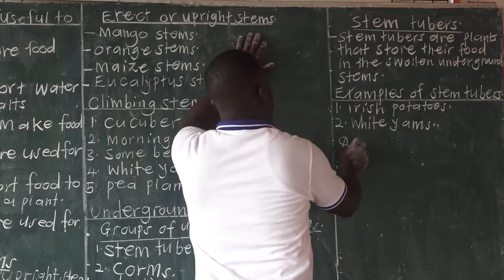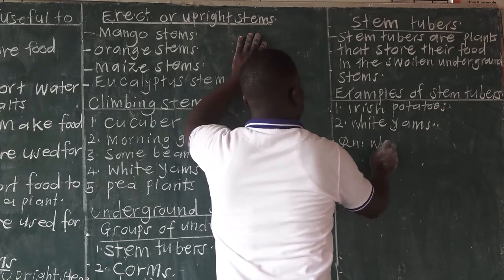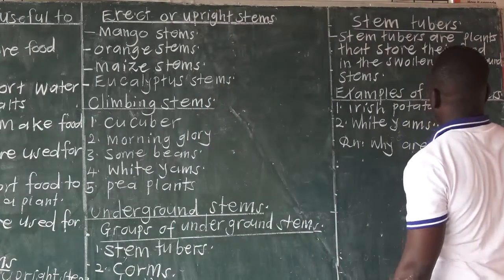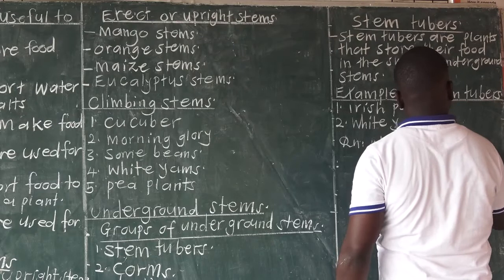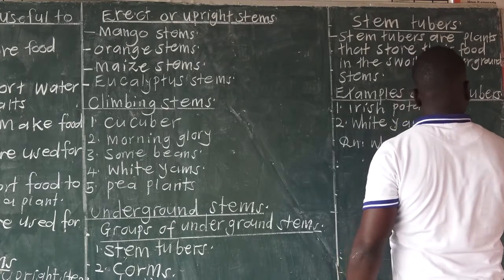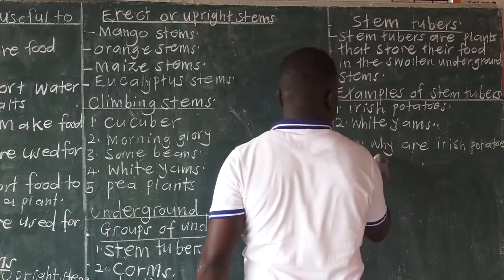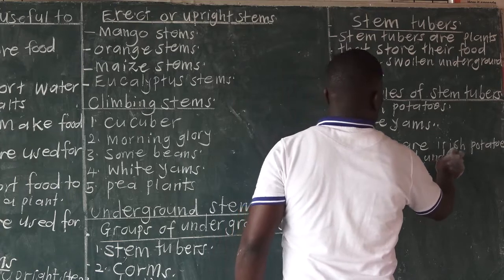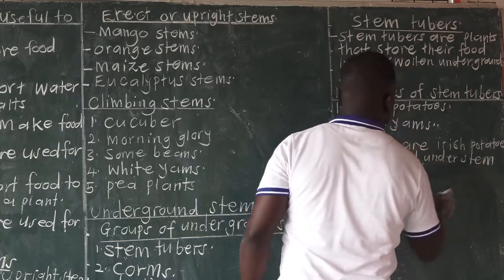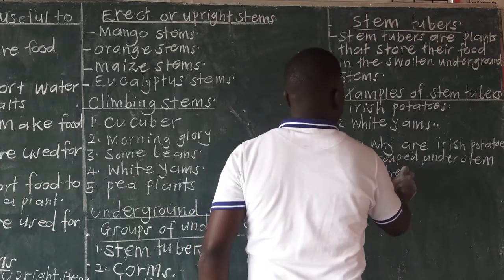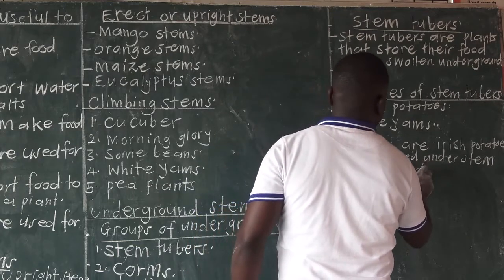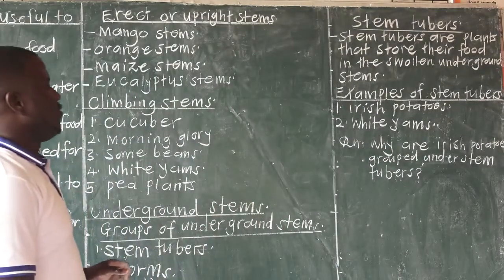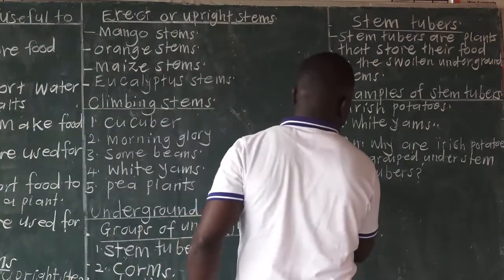I have a question here. Why are Irish potatoes grouped under stem tubers? They store their food in the swollen underground stems.